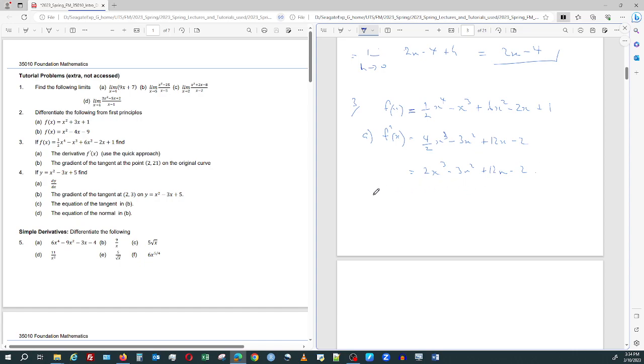Alright, the next thing we want to do is find that at the point xy. So we have to do function notation at 2. So everywhere there's an x, we put a 2.